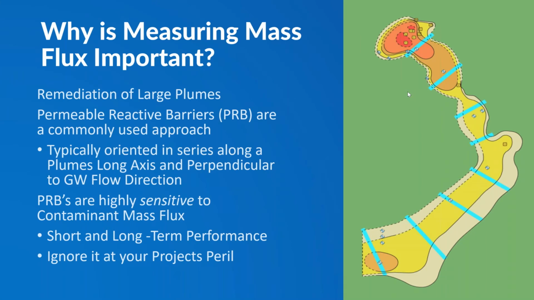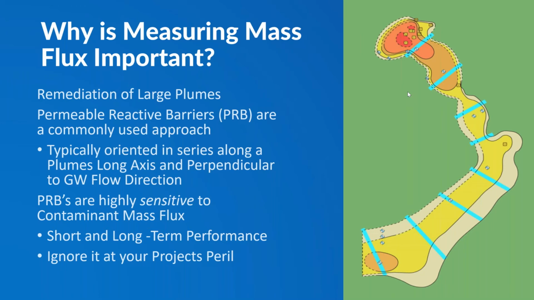In my part of this presentation, I want to talk to you about measuring mass flux and why it's important to do so. On the right, you see a fairly large plume, probably a half-mile long, and it's commonly accepted in the industry to use permeable reactive barriers to manage these long, elongated plumes.